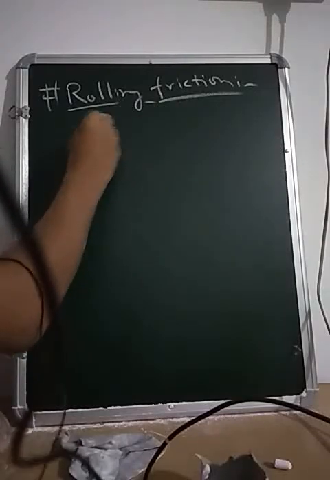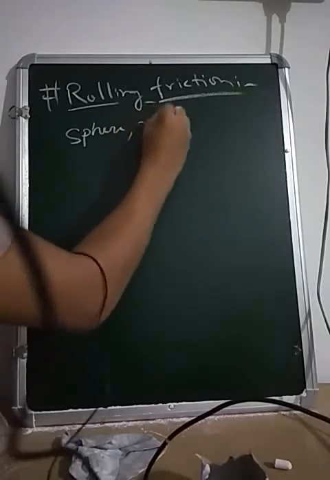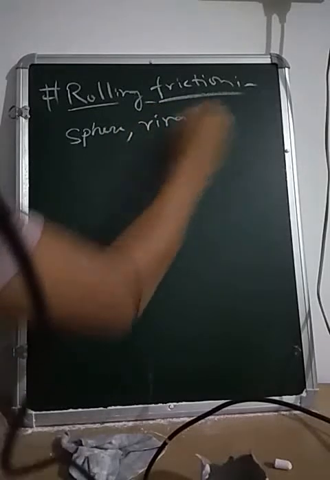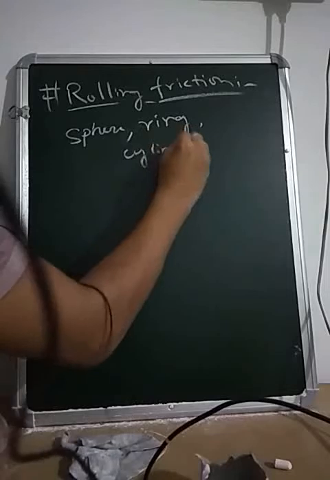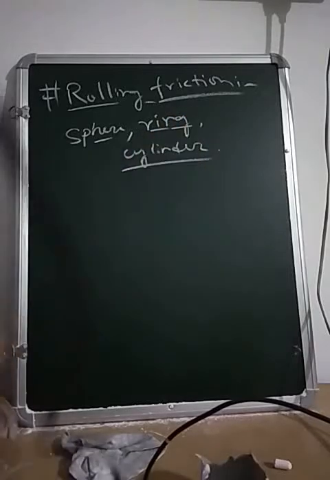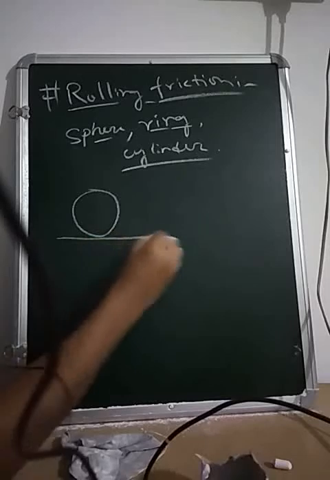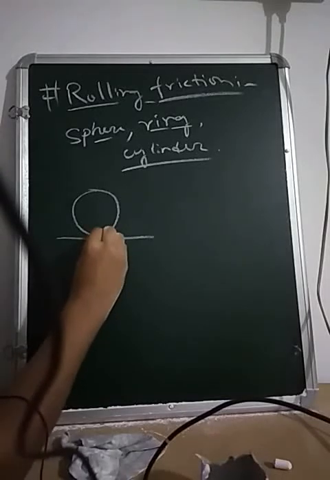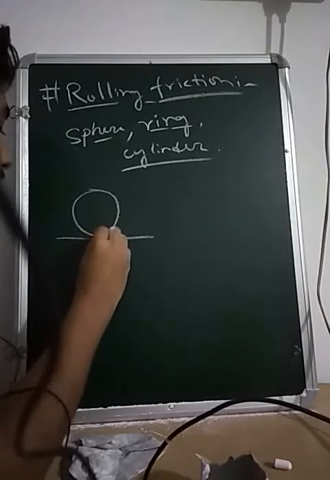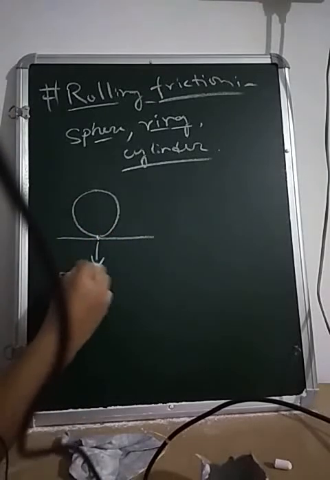See, when a sphere or a ring or a cylinder rolls over a surface, what happens? In the case of a sphere, the contact between the sphere and the surface is what? This is a point contact.